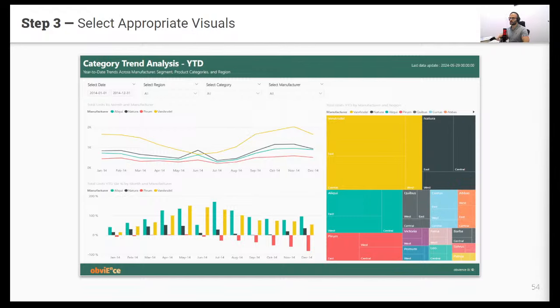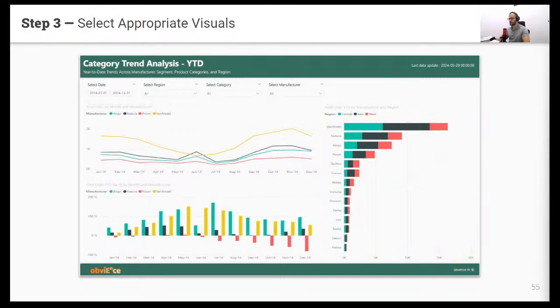Now we can also see that the focus of our eye has shifted. It goes towards the tree map because it takes a lot of space. Then the next question is, do we need to use a tree map to show this type of data? Well, we don't have that much that we want to display, so why not change it to a stacked bar chart, which is vertical in this case.